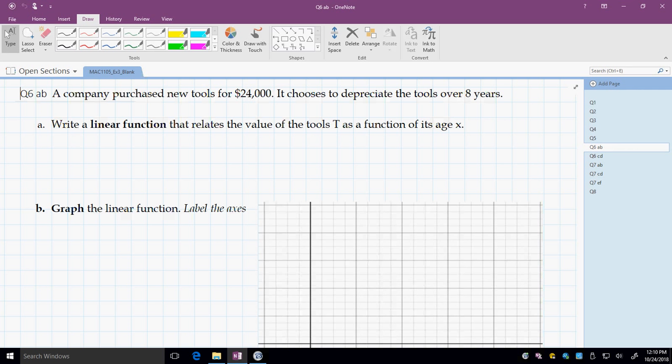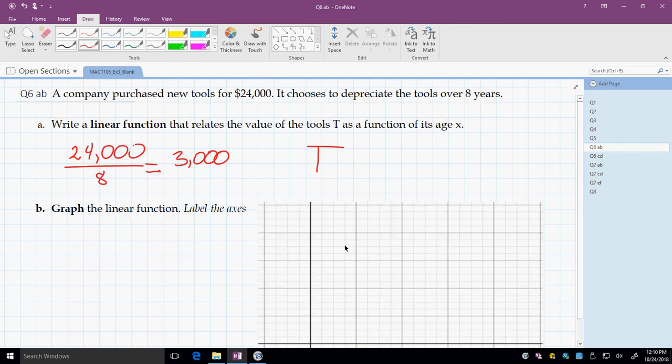So the original cost was 24,000. If we divide that by the 8 years, it's going to give us 3,000. The function T for tools is going to equal minus 3,000, because it's going to be subtracting 3,000 from the original cost per year.